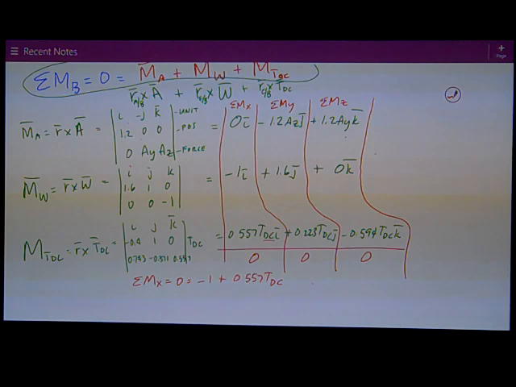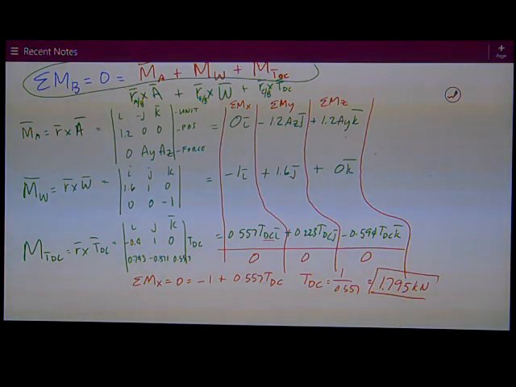I can rearrange that, and I get TDC. Take the negative 1 to the other side of the equal sign, it becomes positive. Divide both sides by 0.557, and I get 1.795 kilonewtons for that force in the cable.